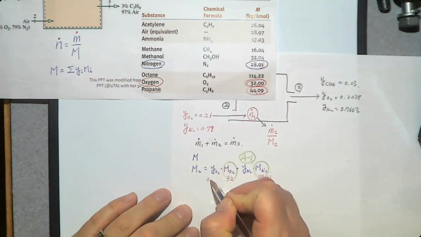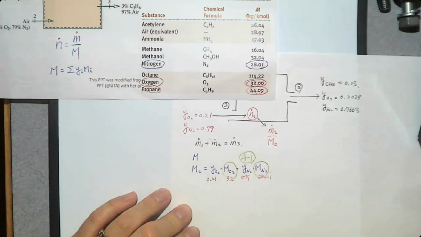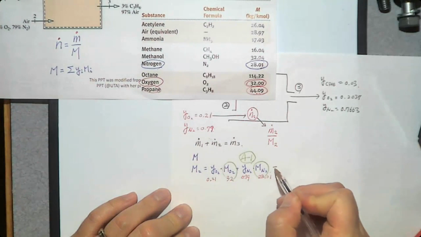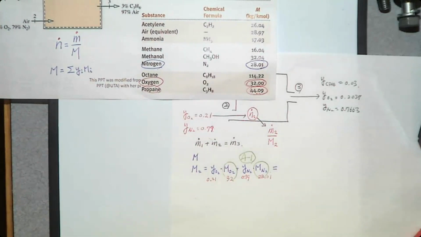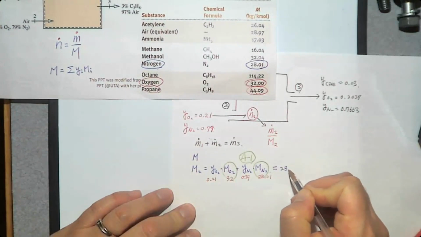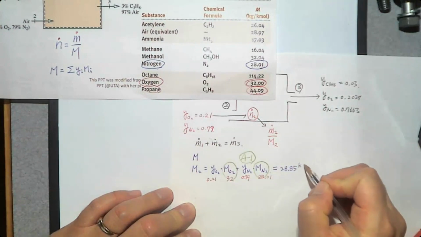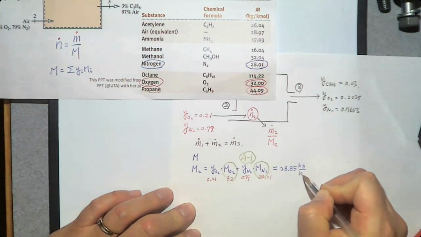So this one is 0.21. This one is 0.79. So we can determine the molecular weight at inlet number 2. That is 28.85 kilograms per kilomole.